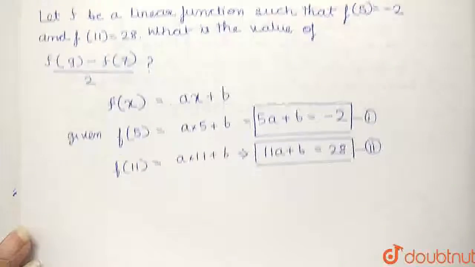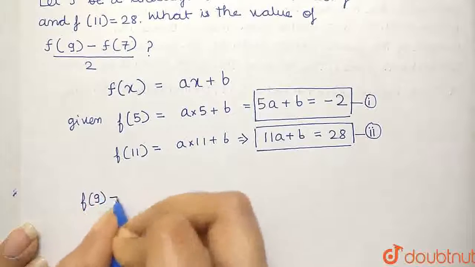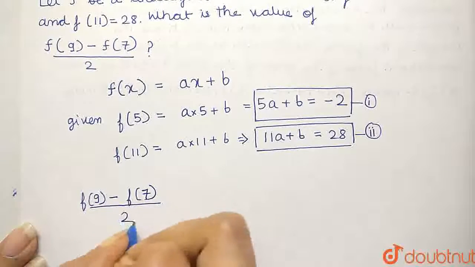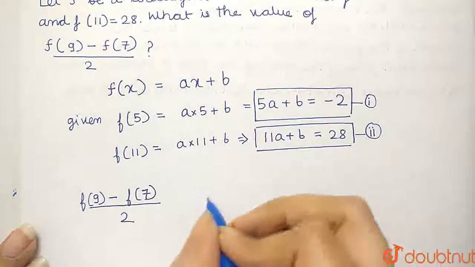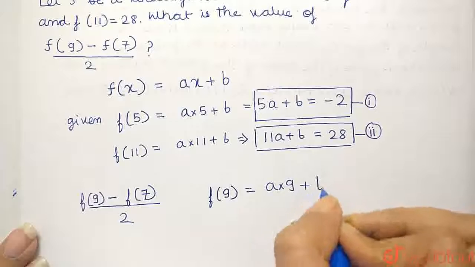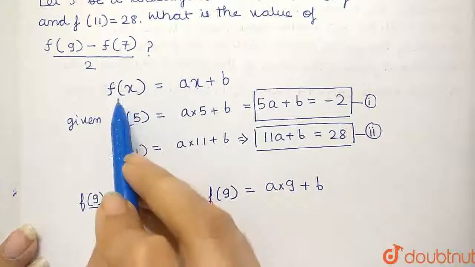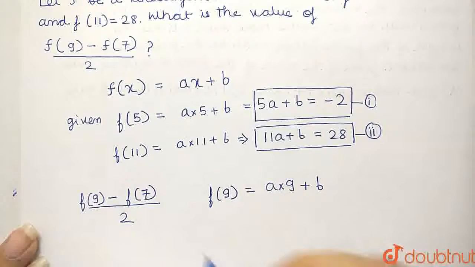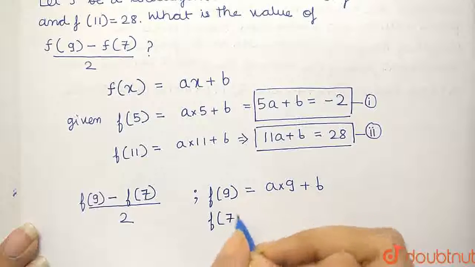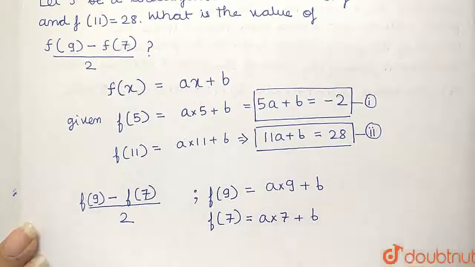Now what we have to find is f of 9 minus f of 7, divided by 2. So f of 9 will be equal to a into 9 plus b, as we have to simply substitute x with 9 in the equation of f of x, and f of 7 would be equal to a into 7 plus b.